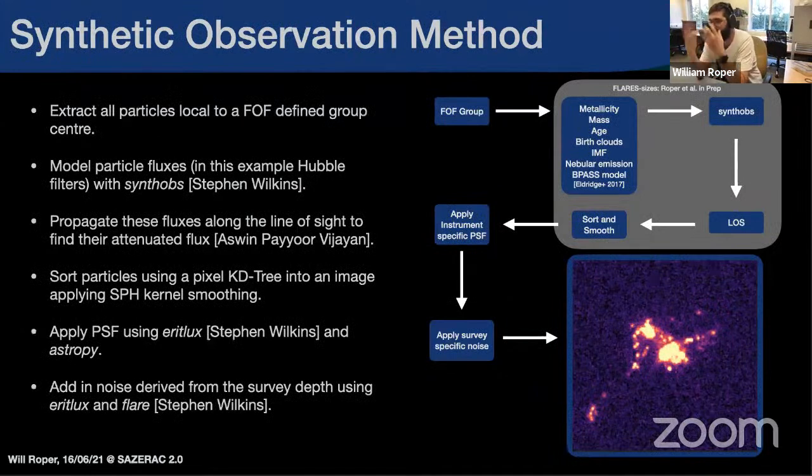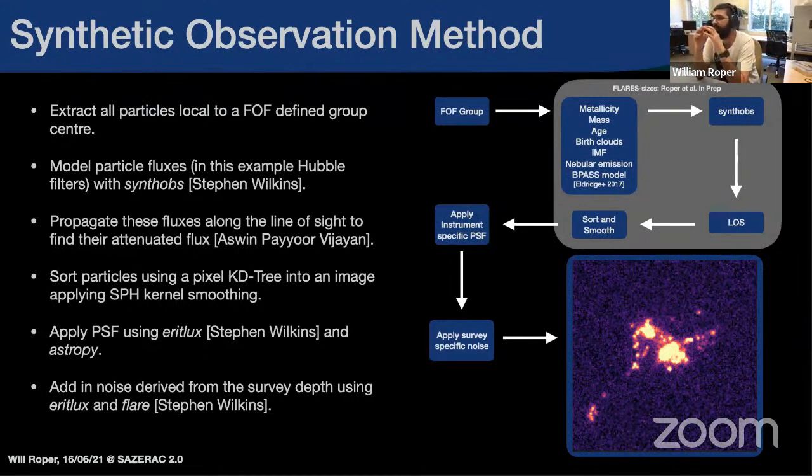So to show this is actually something we should care about, I'm going to propose a method for making synthetic observations. We first want to start as independent of a halo finder as possible. So we're going to extract all particles local to a friends-of-friends group center.